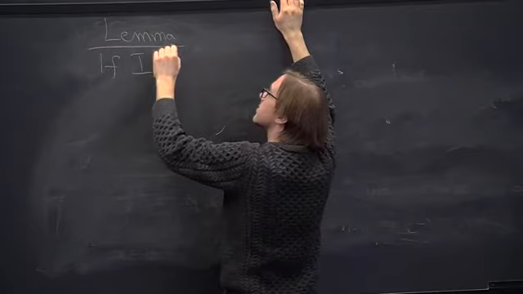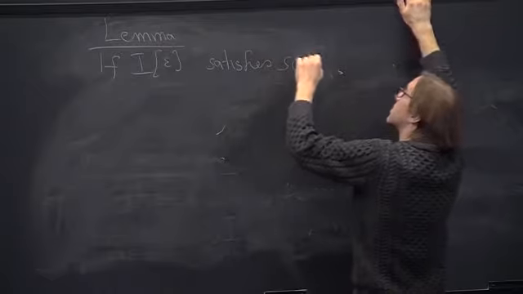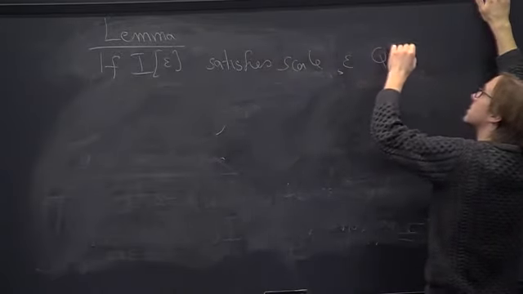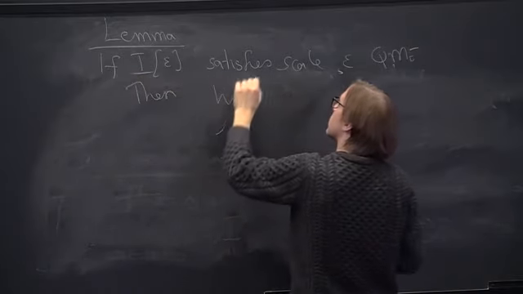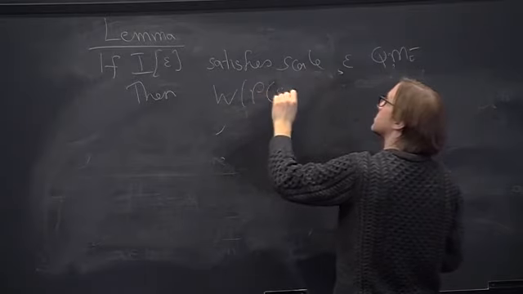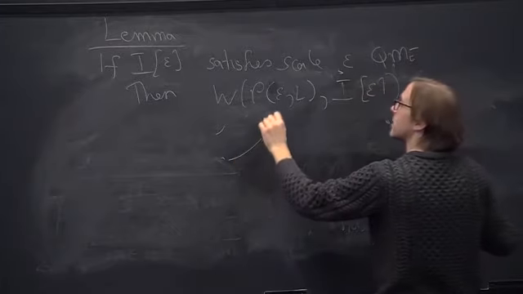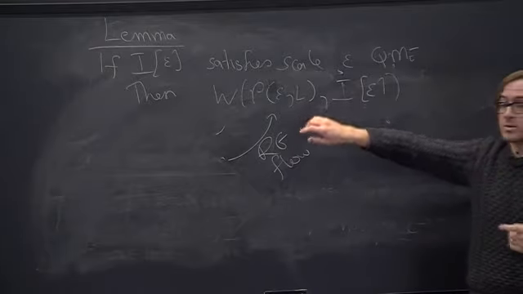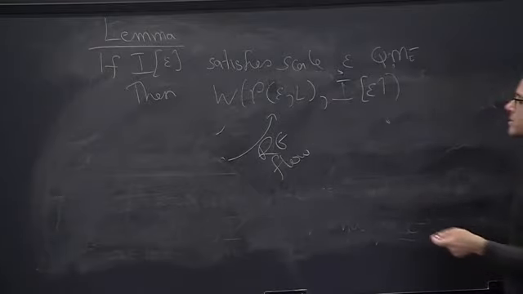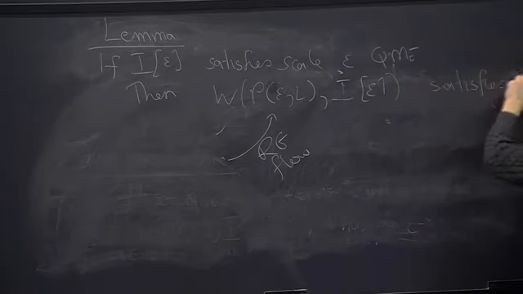If I have something which satisfies the scale epsilon quantum master equation, and then we apply the RG flow, this operator here is the integral of that infinitesimal RG flow equation. Then this satisfies the scale L quantum master equation.